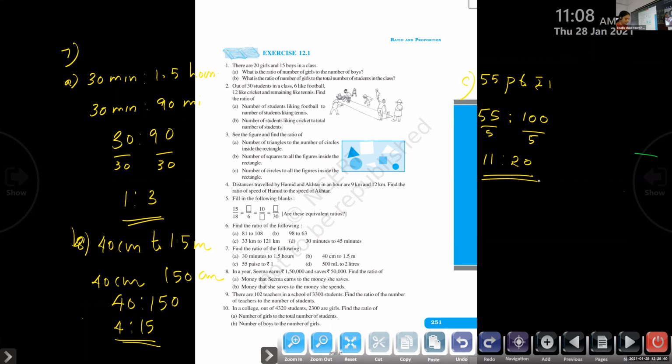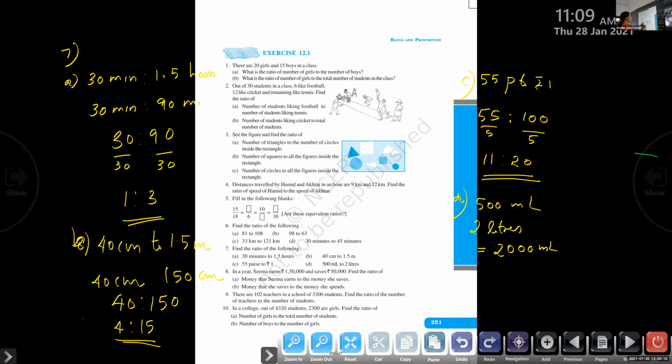One more question. 500 milliliters to 2 liters. 500 milliliters. How will you convert 2 liters to milliliters? 2000 milliliters.